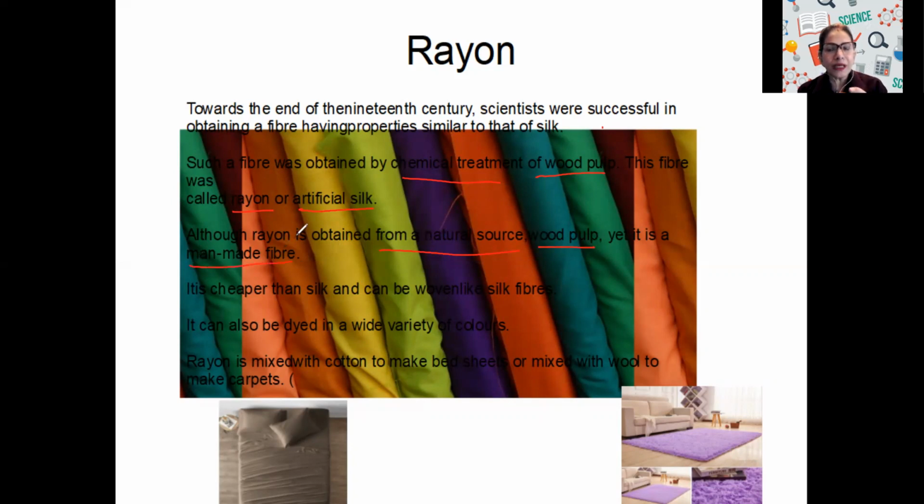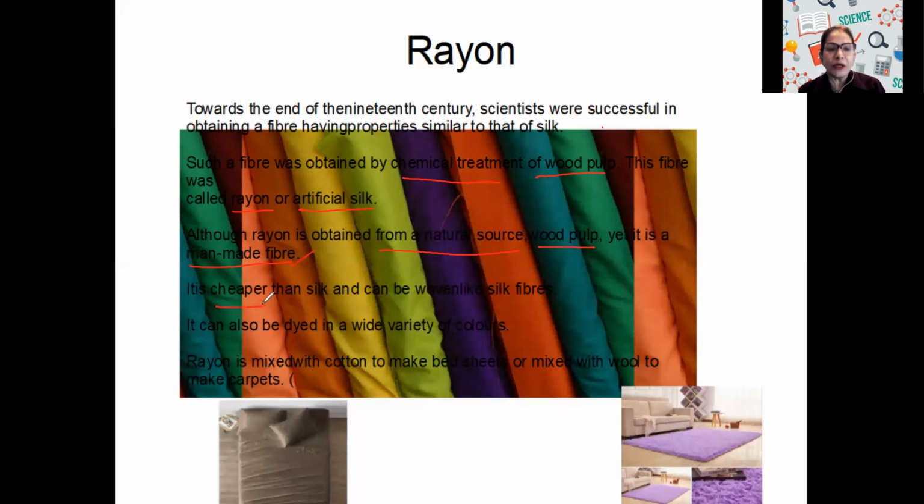Although wood pulp is natural, because it is wood from the trees, we can't call rayon natural because the wood pulp has to be chemically treated. And who will treat this chemically? Man will treat it. So we call it a man-made fiber.